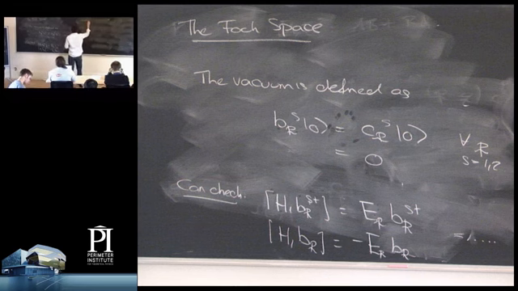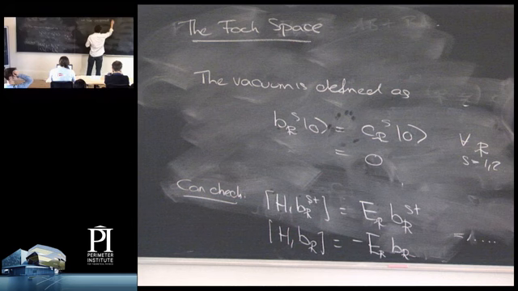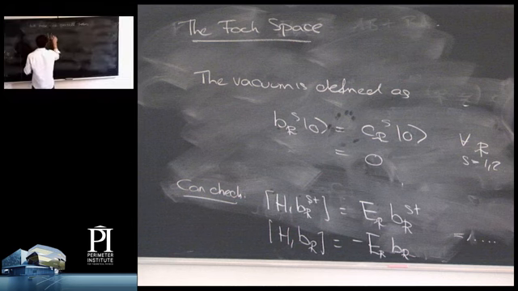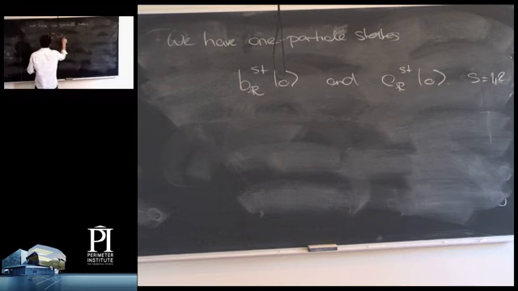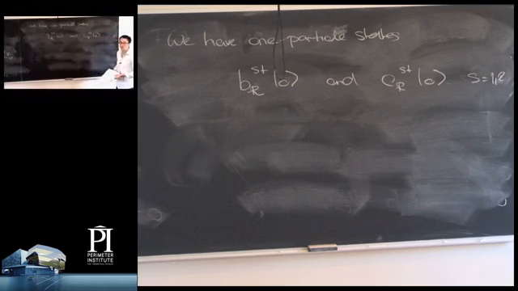So we have, first example, one-particle states of the form B_s^p dagger acting on a vacuum and C_s^p dagger acting on a vacuum.